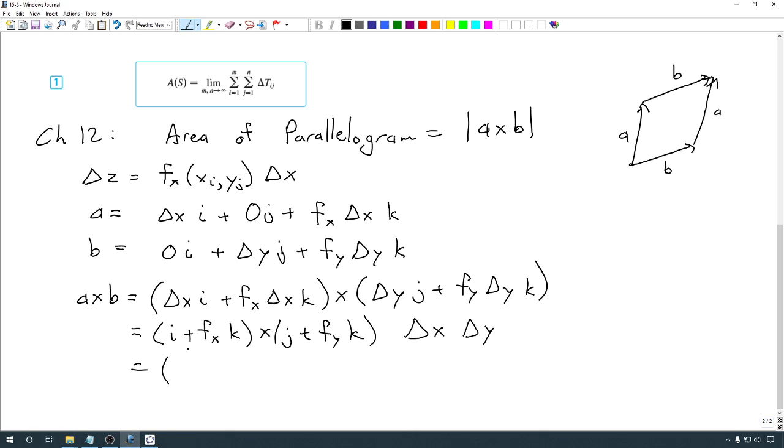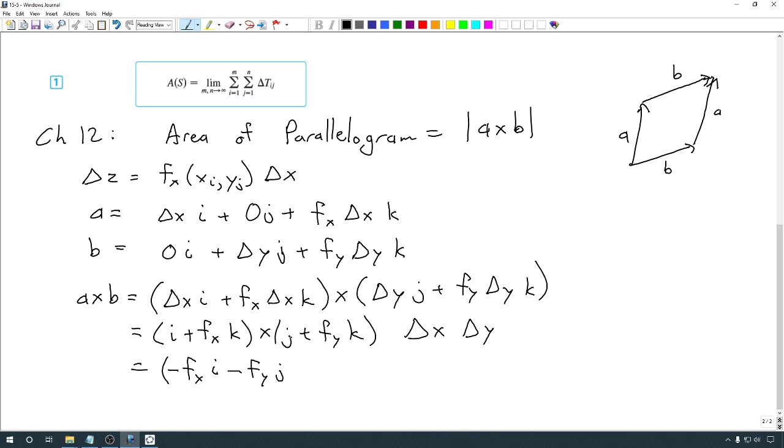So I'm going to start with the f sub x times k crossed with j. There, the f sub x is going to stay there. k crossed with j, if you remember, that turns into a negative i. So we actually get a negative f sub x times i. The i times f sub y times k, so i crossed with k, that turns into a negative j, so we get a minus f sub y j.